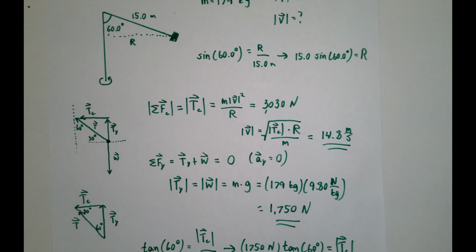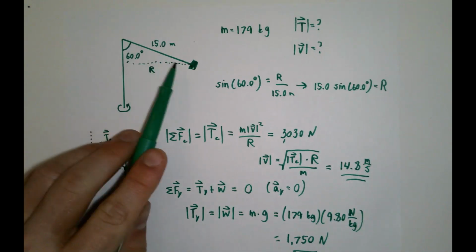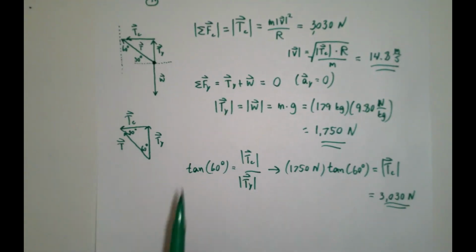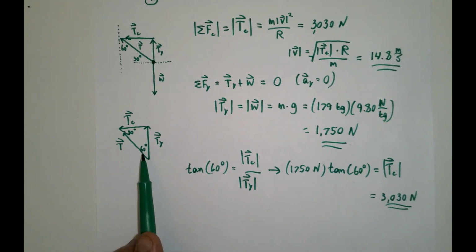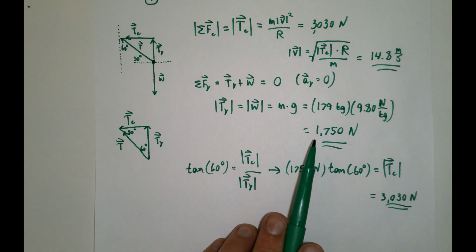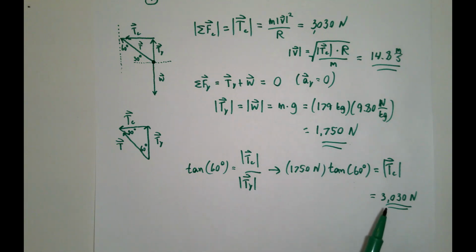My last question is, what's the tension in the chain that's connecting the rider to this ride? That's, again, just another question of trigonometry, because I already have this triangle. So now I just need to find this T here. I could use the Pythagorean theorem, because here's my tension in y, one leg of the triangle, and here's my centripetal tension, or the x component of the tension.